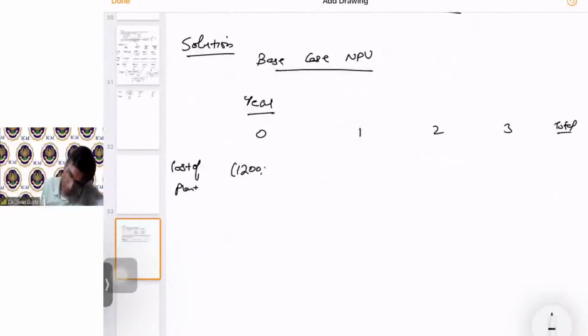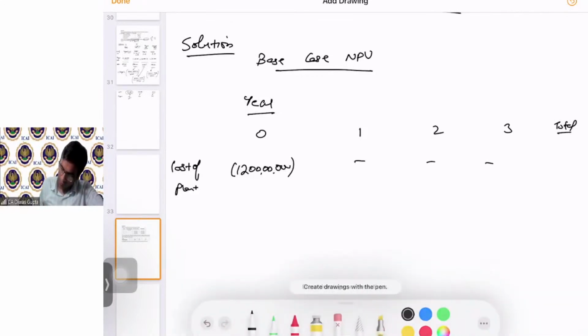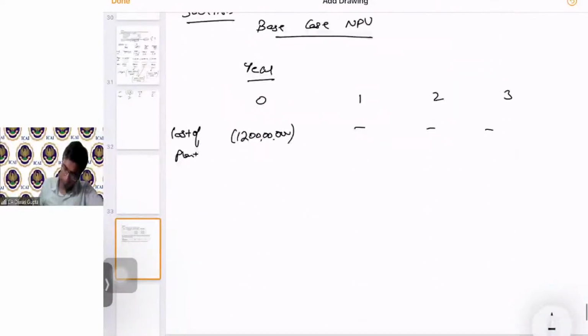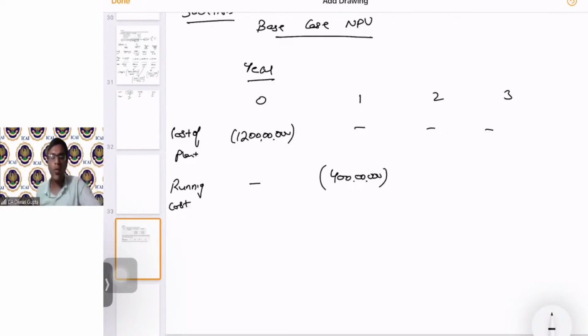This is 12 crore. I'm removing this total column, it is not needed. Then running cost. Running cost year 1 is 0. Year 2 it is 4 crore, negative, correct, because running cost is an outflow. Savings is your inflow, right?